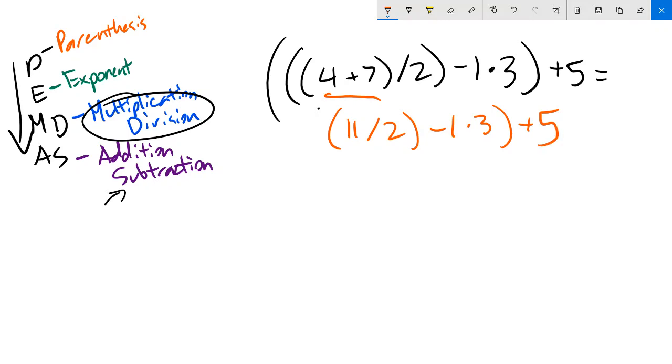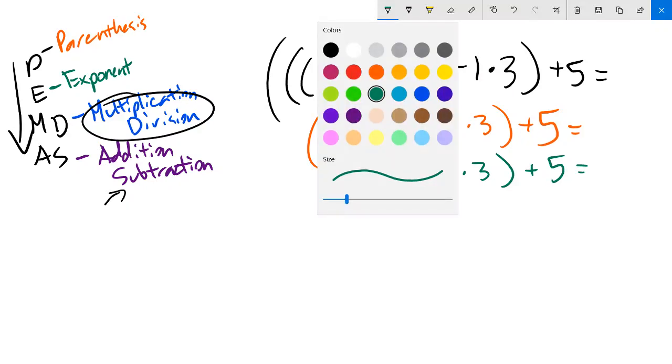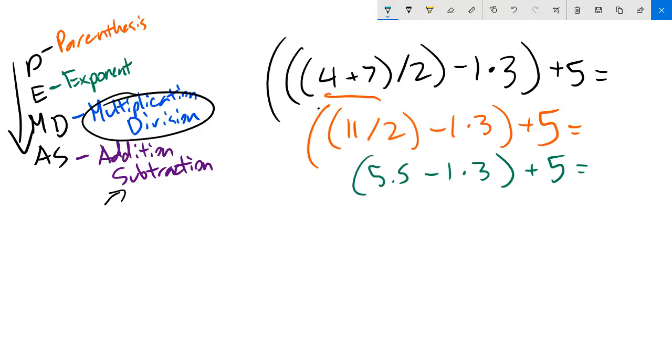So this is now my problem. And this would give us 5.5 minus 1 times 3 plus 5. Now, I still have parentheses, so this right here gets resolved first.